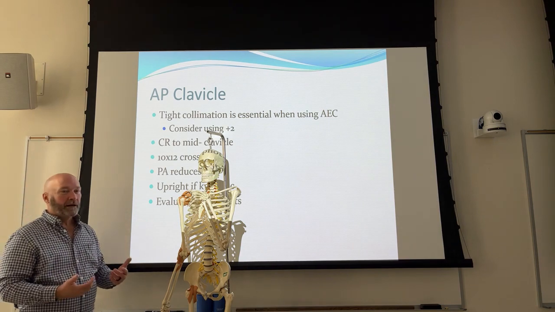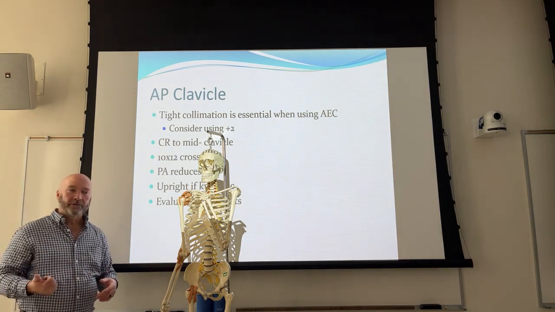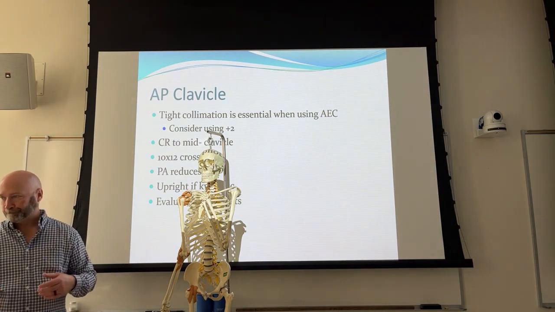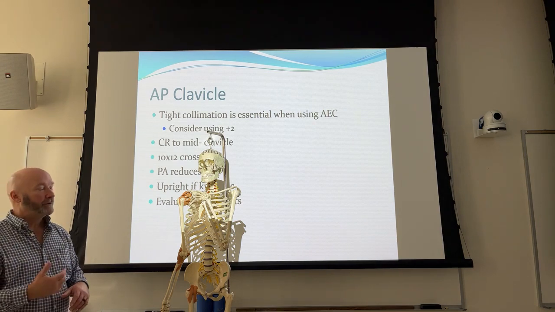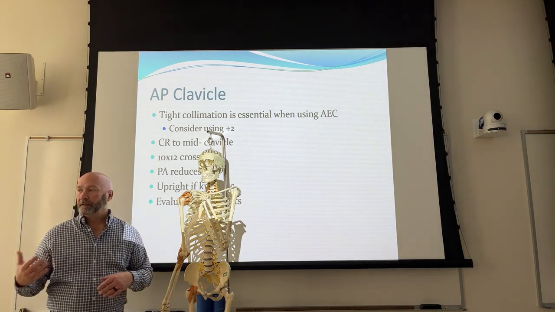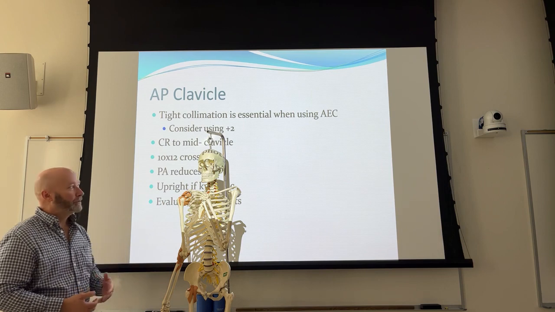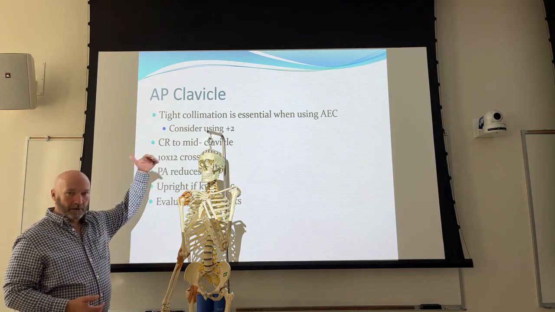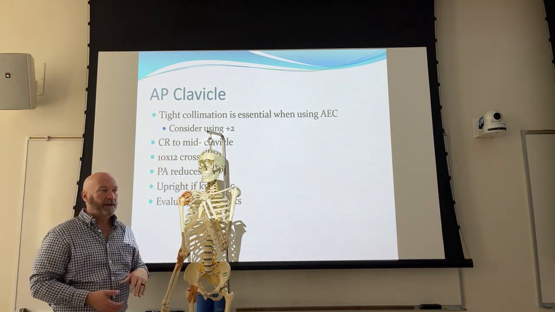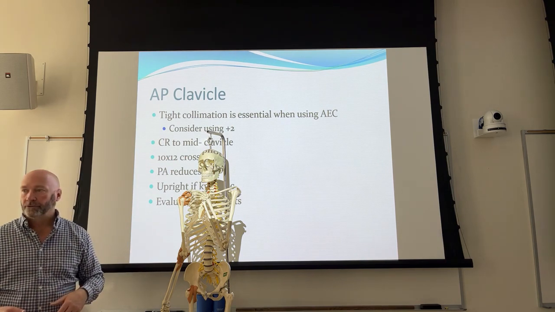So probably a good idea to compensate for that with setting a technique, right? If you happen to have a good technique. If you don't, and you don't want to just wild guess it, then what you can do is go ahead and collimate as closely as you can, and hit it with a +2.